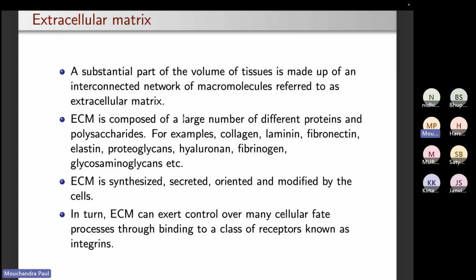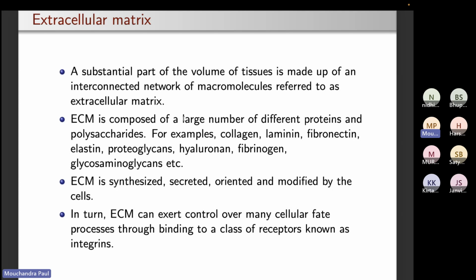Okay, so as I told, cells are the ones who are synthesizing these proteins and polysaccharides of the ECM. They are the ones who are modulating how the collagen fibers should be oriented. They also monitor the degradation of these collagen fibers by secreting various kinds of enzymes.